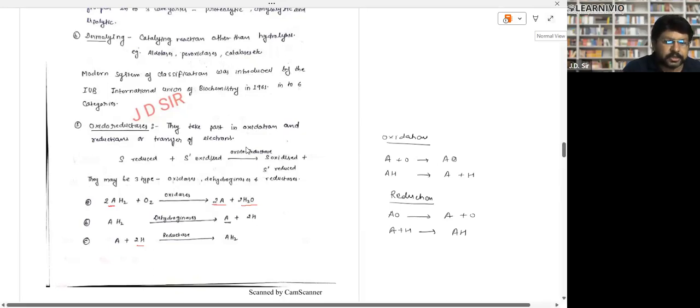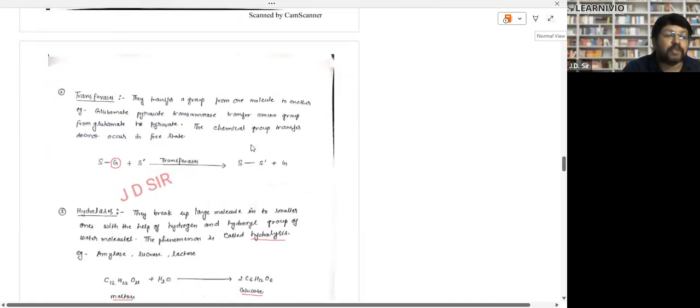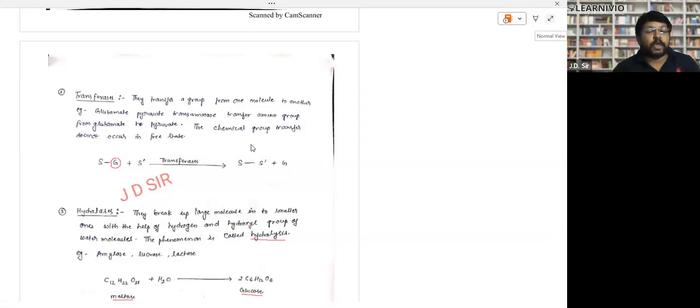The next one is transferases. The function of transferases is that they transfer a group from one molecule to another molecule, right? Group means functional group. Glutamate pyruvate transferase transfers an amino group from glutamate to pyruvate, right? Look here, this S is the substrate, and G is a functional group.